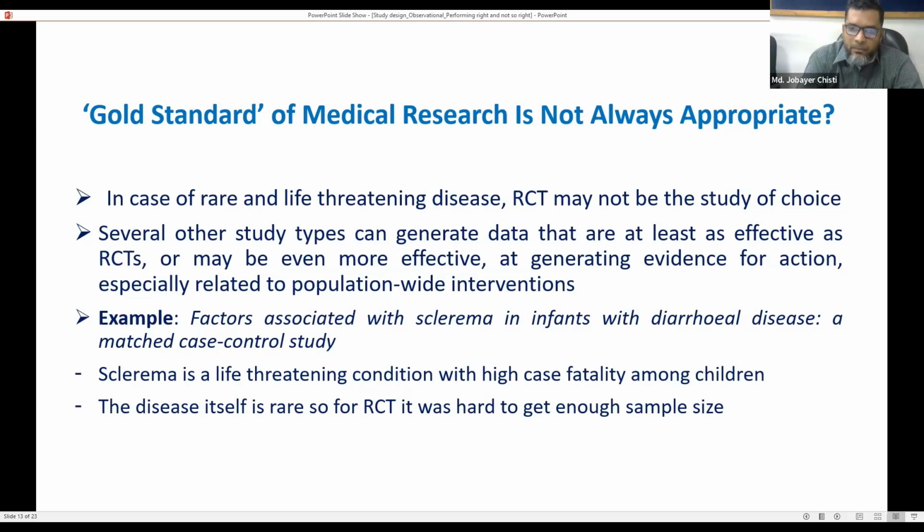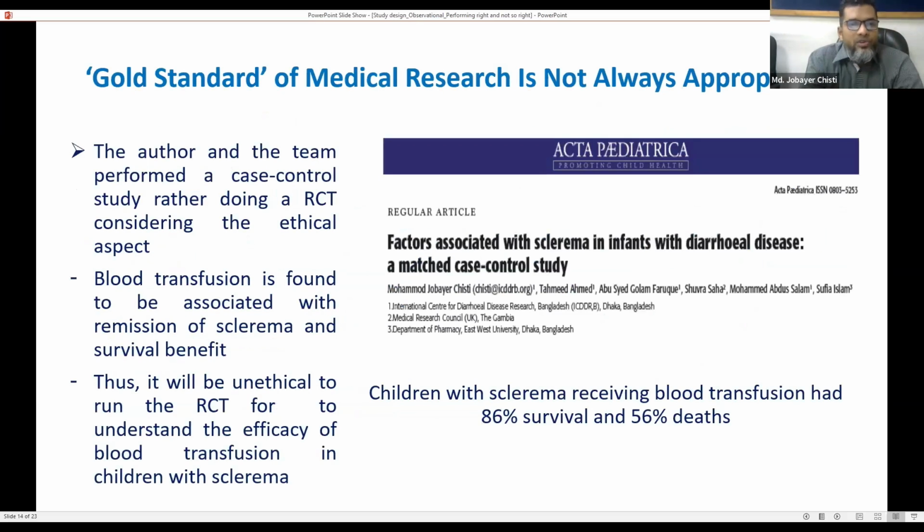All of them received the blood transfusion. And what we have found in that study was that blood transfusion was associated with the remission of scleroderma and survival benefit.